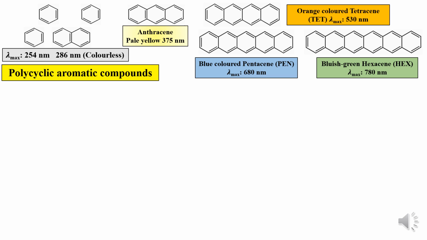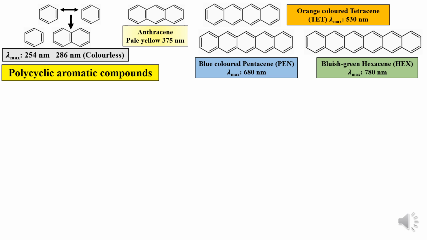Now, naphthalene is the simplest of the polycyclic aromatic hydrocarbons, where you find two benzene rings fused together at the ortho positions. The examples of other polycyclic aromatic hydrocarbons are anthracene, tetracene, pentacene, and hexacene.